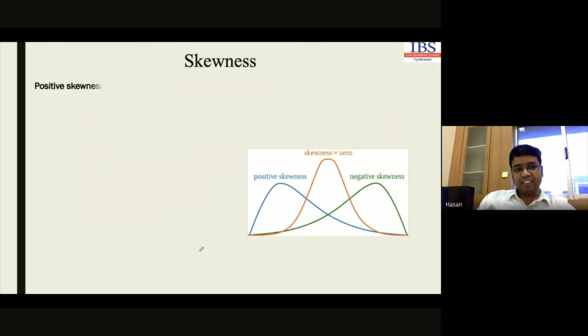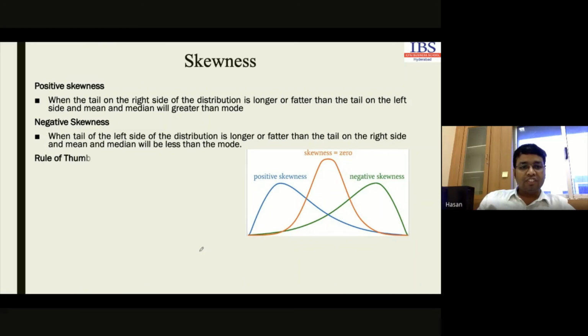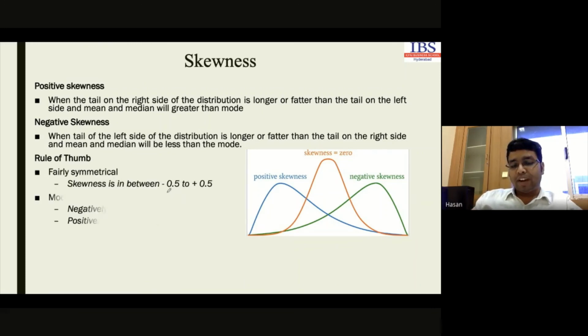Okay. In either case, we can observe the rule of thumb. If our skewness is in between minus 0.5 and plus 0.5, that means it is fairly symmetrical and less skewed.